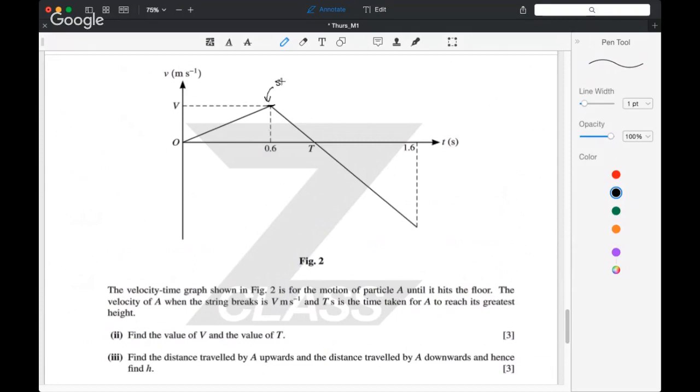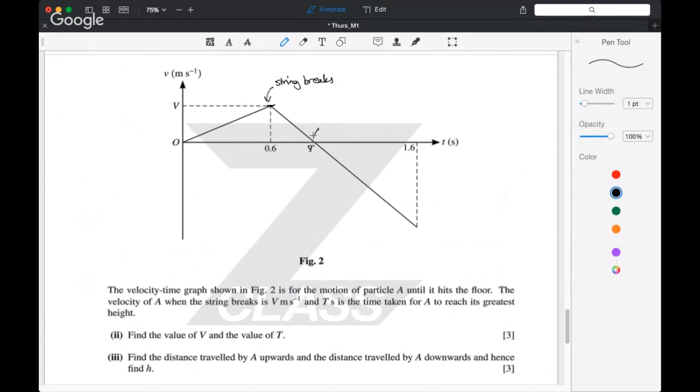Let's write that down. String breaks. So it's been accelerating upwards. At some point the string breaks, so it stops accelerating upwards. There's no force on it to accelerate upwards. It actually starts decelerating, being accelerated downwards by gravity. So its velocity will go down. But it still takes a while for its velocity to slow to 0, so it's still heading upwards for a while.